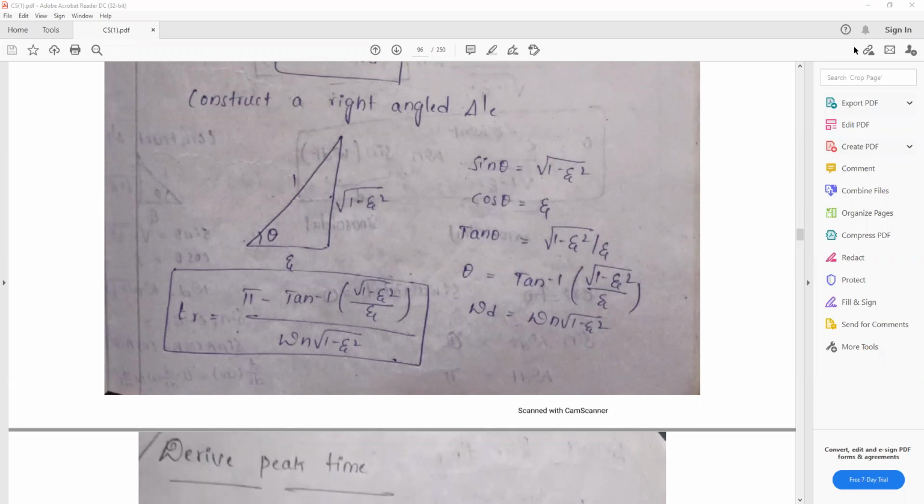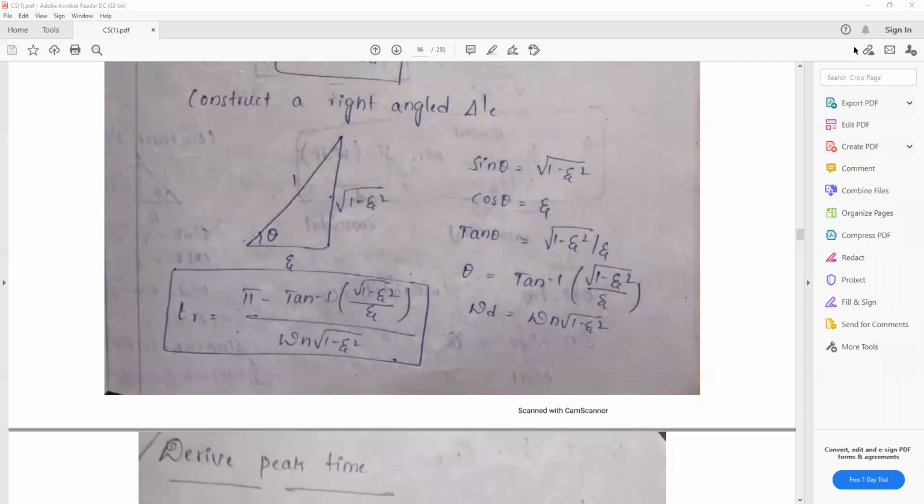Time response of first order system when the input is unit step signal, unit ramp signal, and unit parabolic signal, and the impulse signal. So time response when the unit step signal is given, time response when the unit ramp signal is given, when the unit parabolic signal is given, and the impulse signal time response.